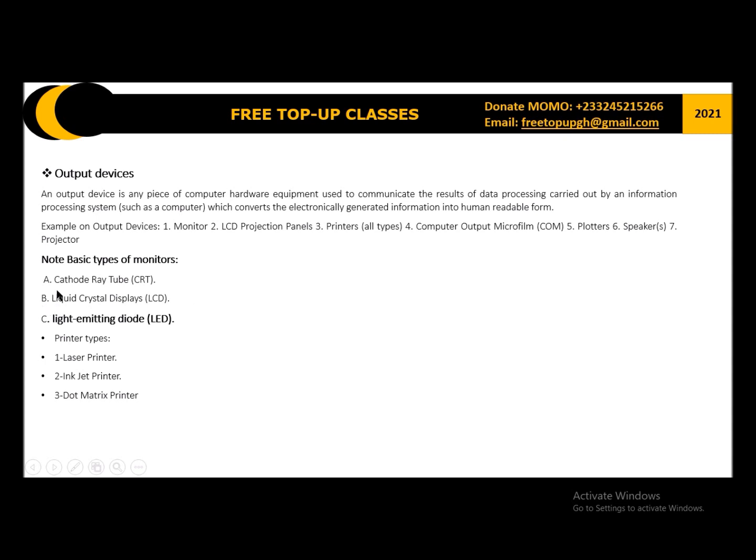Okay, so let us look at the types of monitors we have. We have cathode ray tube, that is the old type, but nowadays we all have liquid crystal display. All the LCD screens are coming, so your laptop has it, and your desktop also has it.